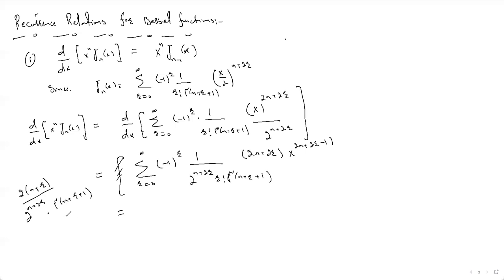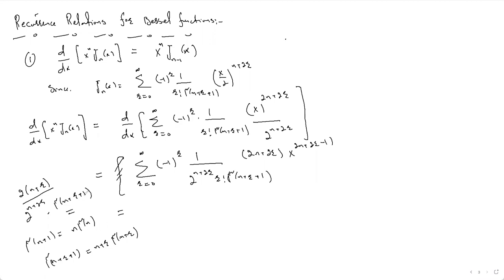Now if you remember, I told you last time that gamma of n plus 1 is always equal to n gamma n, right? So can anybody tell me what gamma of n plus r plus 1 is? That means gamma of n plus r plus 1 is equal to n plus r into gamma of n plus r.